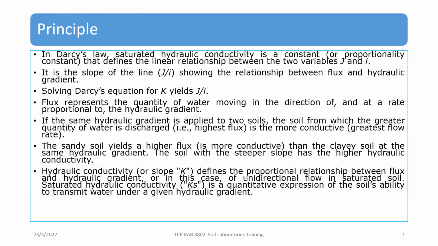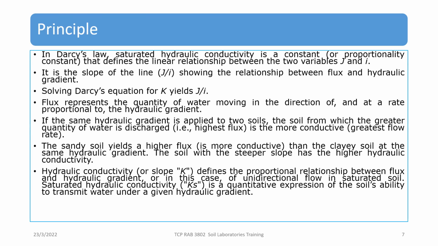If you put, for example, 1 centimeter of water, the hydraulic gradient is different from putting 2 centimeters of water. If the same hydraulic gradient is applied to two soils, the soil from which the greater quantity of water is discharged, that is, the highest flux, is more conductive, with the greatest flow rate.